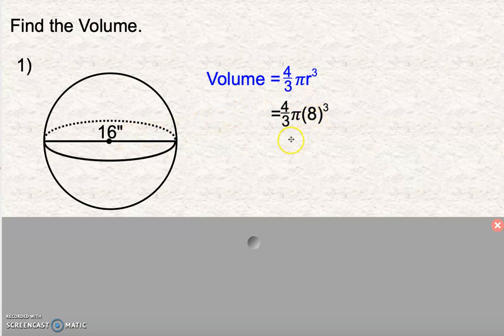And I'd like your answers 2 ways, please. I'd like it using the number pi. So 8 cubed times 4 divided by 3 is 682.67 pi. And I'd also like you to write it as a full decimal where you type in the pi button in your calculator. And of course, our label is inches cubed.